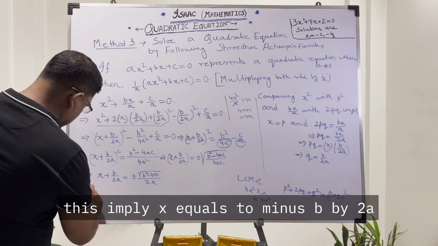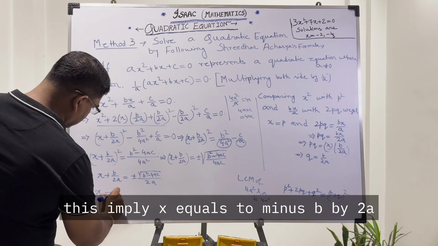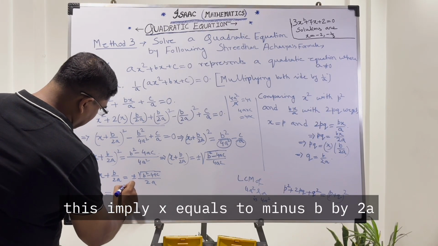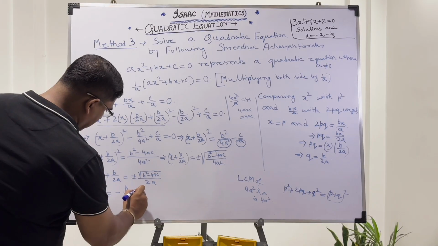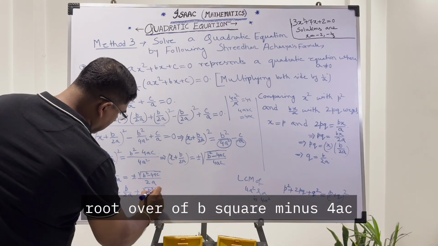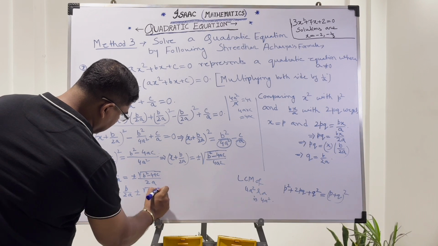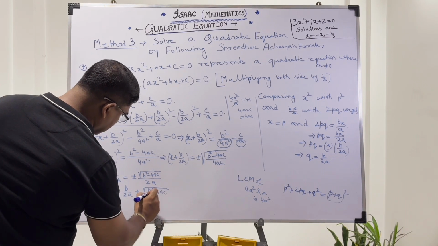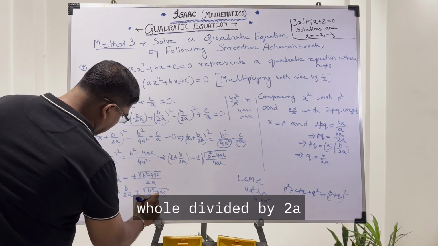This implies x equals to minus b by 2a plus minus root over of b square minus 4ac whole divided by 2a.